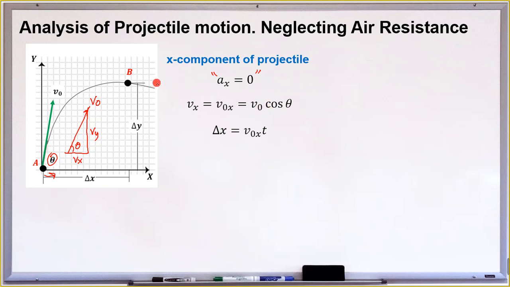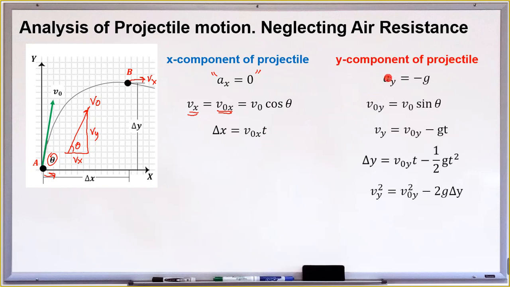Therefore, the velocity at point B along x is the same as the initial velocity because there is no acceleration. So vx is just equal to the initial velocity. And then the displacement is simply equal to the product of the initial velocity times the time. So for the x component of the projectile, the formulas are simple.